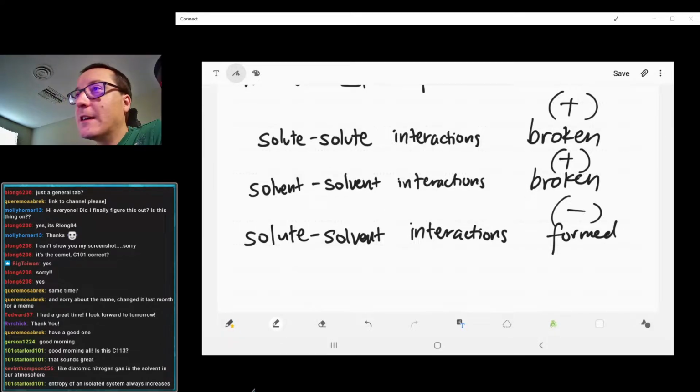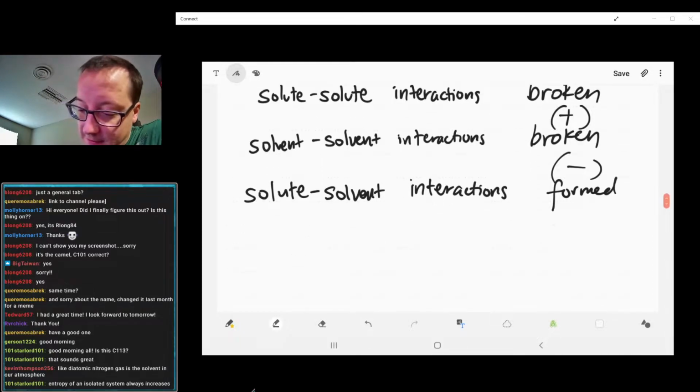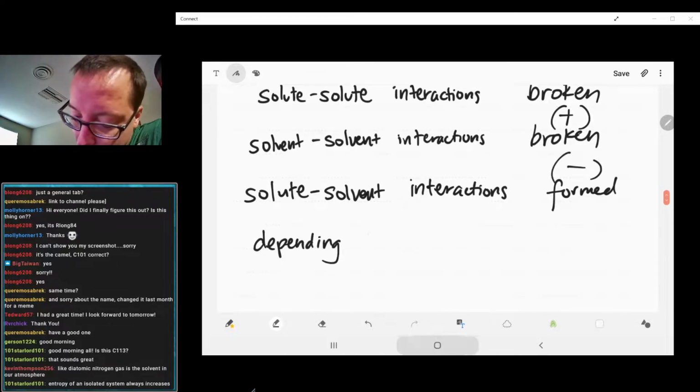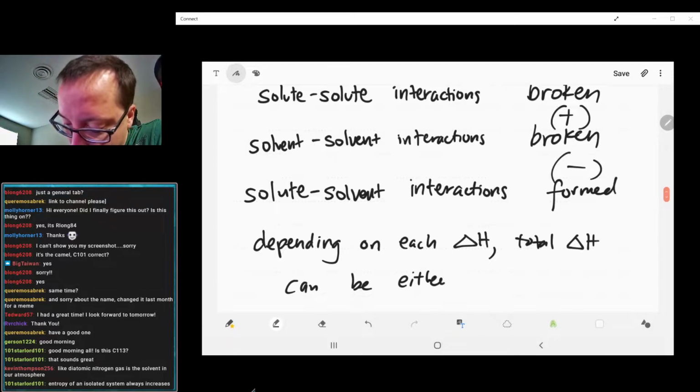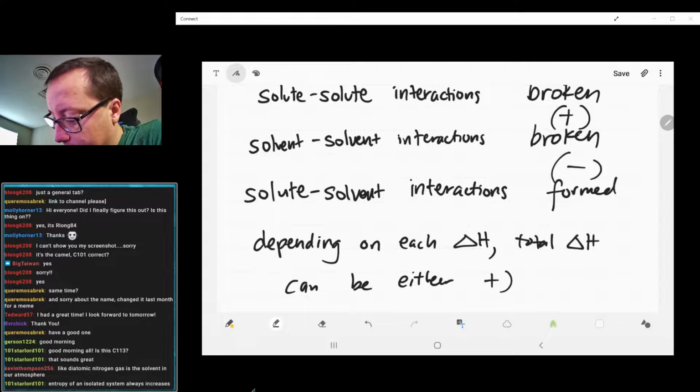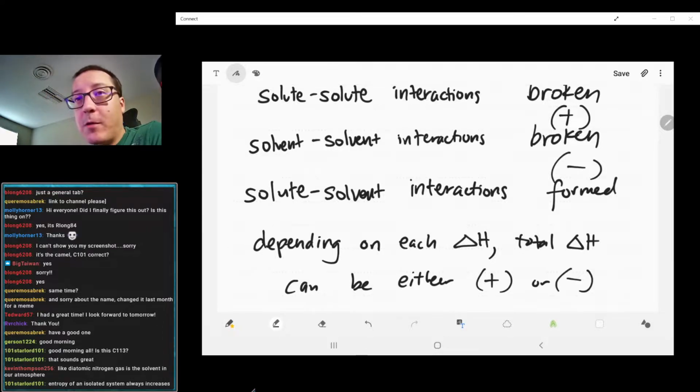And forming bonds is always exothermic. So we're going to have this kind of mixture of positive and negative things here. And so we're going to see that depending, the total delta H can be either positive or negative.